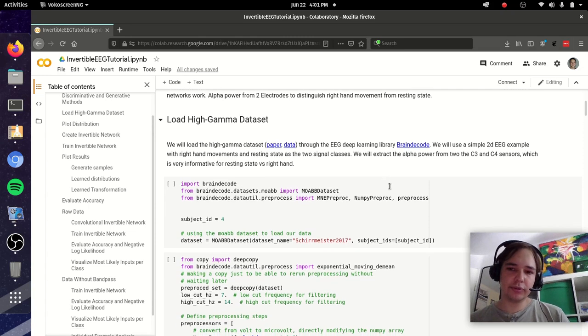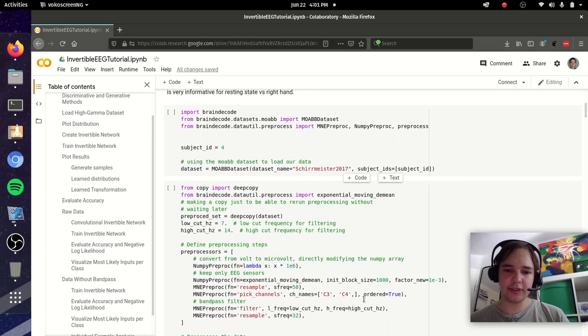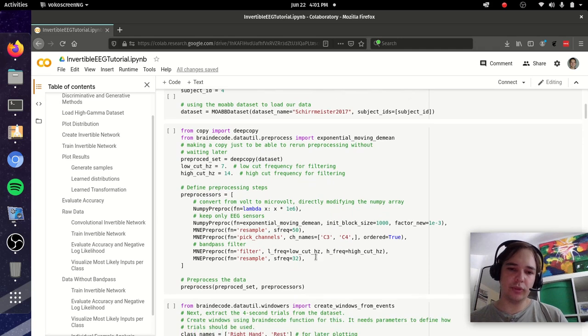And what we will do, we will first load it and just select C3 and C4, because we know that these sensors are very informative about resting state versus right hand. And we will also resample to just 32 Hertz to process all the data quite quickly.